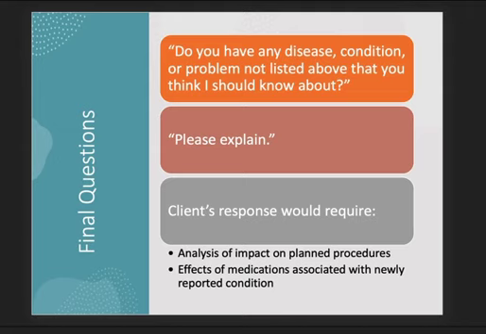And then, of course, it could be we may need to address effects of medications that are associated with newly reported conditions, and also medications that we may use or prescriptions that may be prescribed, especially if you are working in a scenario where you're working alongside a dentist that may be prescribing medications to patients.